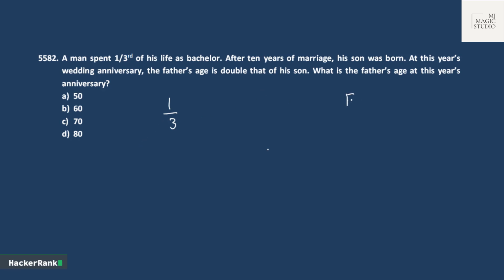This year, now father is twice of his son. So let's take father's present age is X. Then his son was born when father was x by 3 plus 10 years old. This is the age of father when son was born.